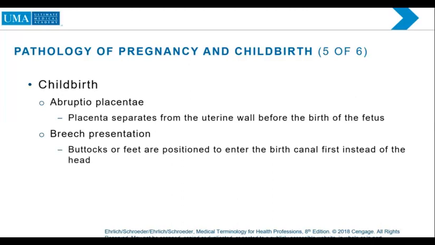Now let's look at terms associated with childbirth. Abruptio placenta. This is when the placenta separates from the uterine wall before the birth of the fetus. Breech presentation. Buttocks or feet are positioned to enter the birth canal first instead of the head.